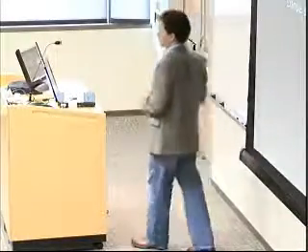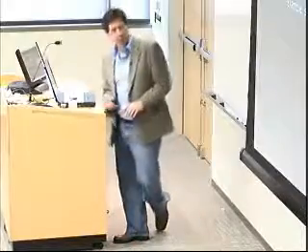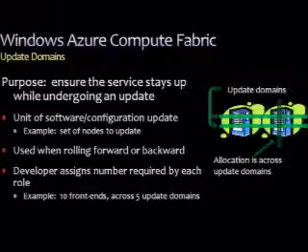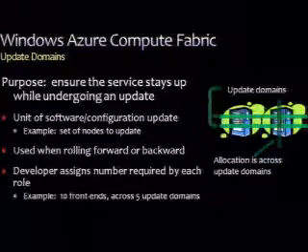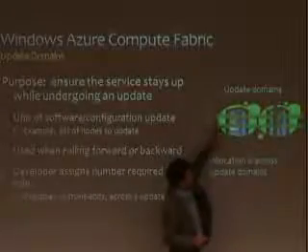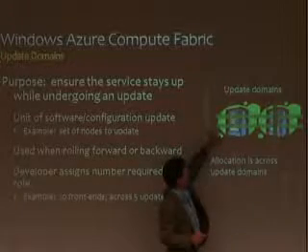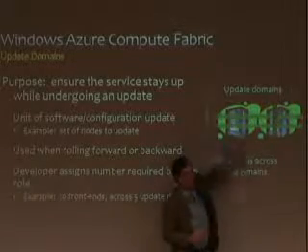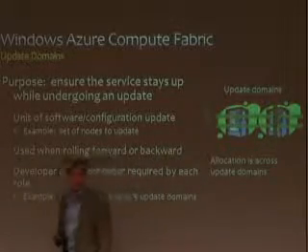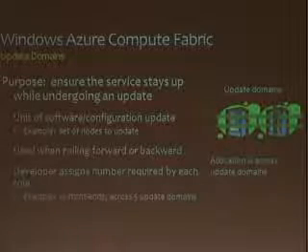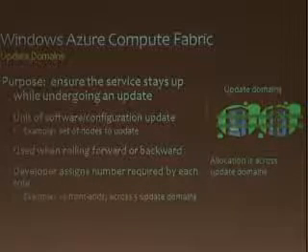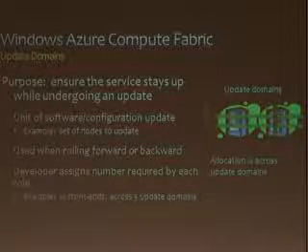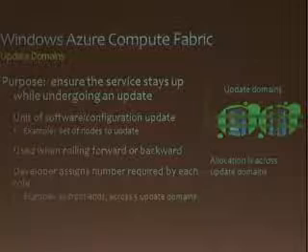This is orthogonal and complementary to fault domains. And what this means is that if you specify I want to have two update domains, and then you come by later and push in a new instance of your service, Azure will wait until all the activities quiesce on one side, stand up a new instance of your service on a new update domain, routing new traffic, new requests to this new instantiation, and wait until all the behavior on the other domain, the first update domain, is quiet before continuing to roll out the upgrade across all the domains.